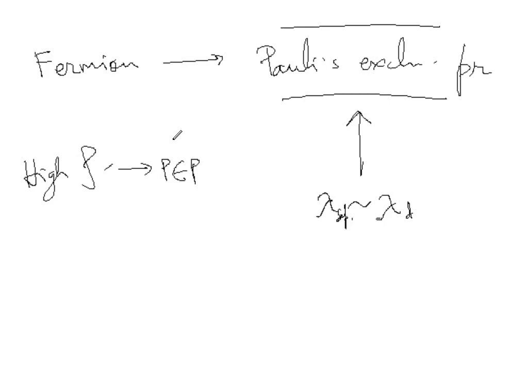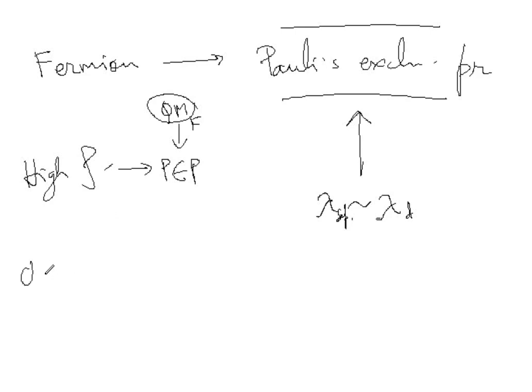Now this is basically a manifestation of the quantum behavior of particles, which means for fermions we have Pauli's exclusion principle. So what happens at high densities? The quantum behavior starts manifesting, it becomes important, and as a result Pauli's exclusion principle becomes important for the relation between pressure, density and temperature.